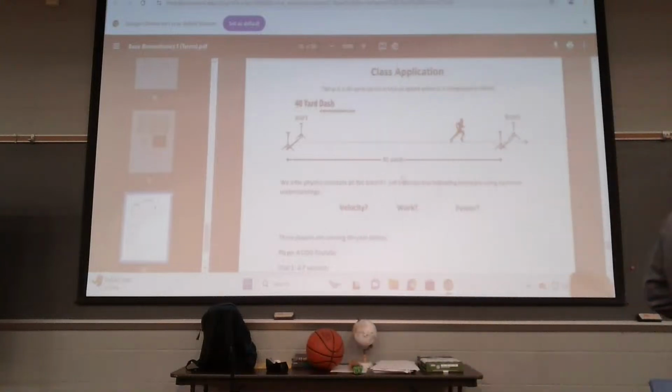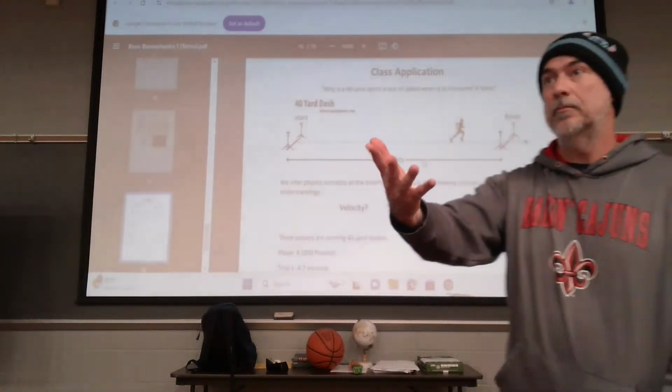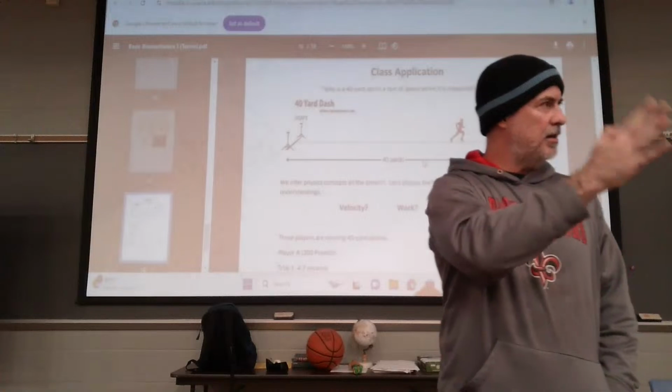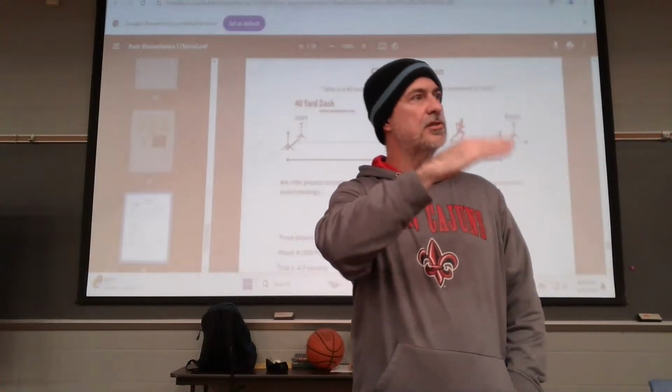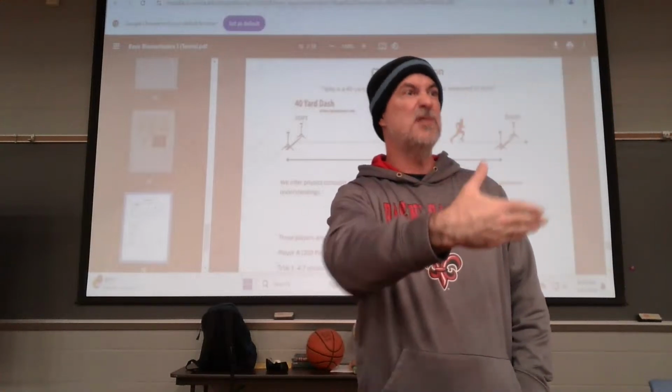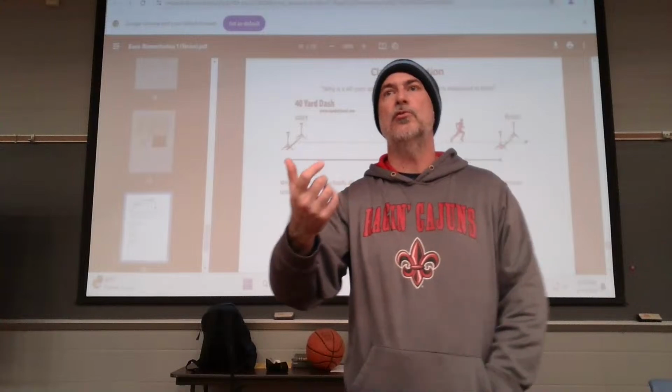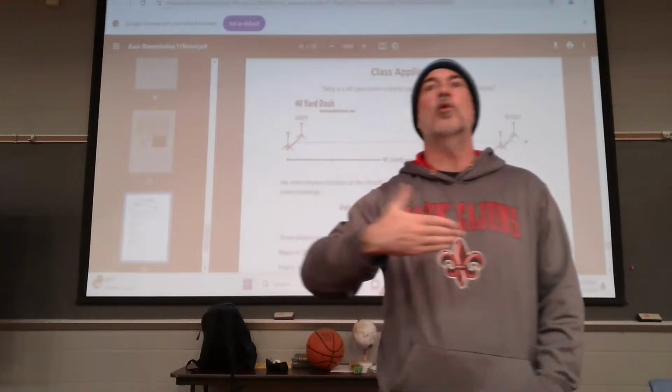We get into inferences with these things with examples like the 40-yard dash. I've mentioned this before, where everybody's displacing the same, but not everybody weighs the same. So since everybody's displacing the same, variations of time infer variations in speed. In other words, when you're doing the 100 meters in the Olympics, it's not relative to body weight.